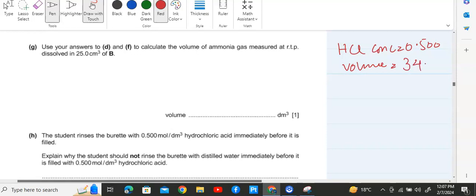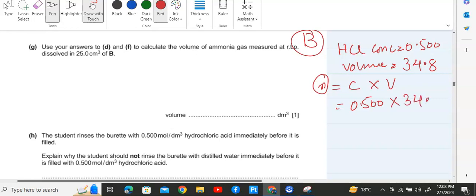It is 34.8 because you are talking about B. So first thing first, n is equal to C into V. Find the number of moles of HCl: 0.500 into 34.8 divided by 1000.